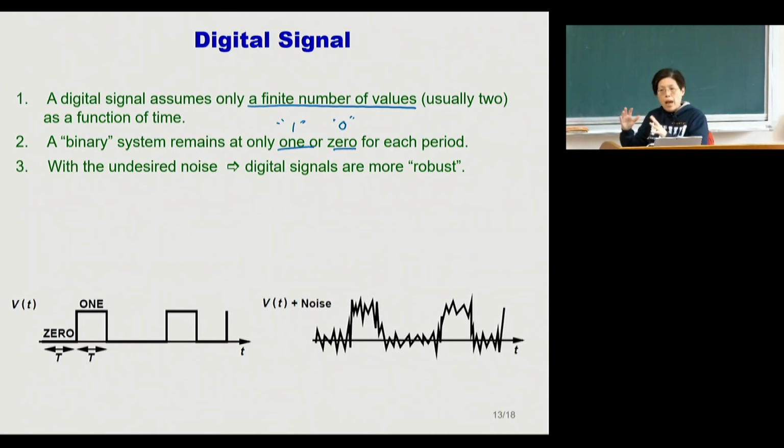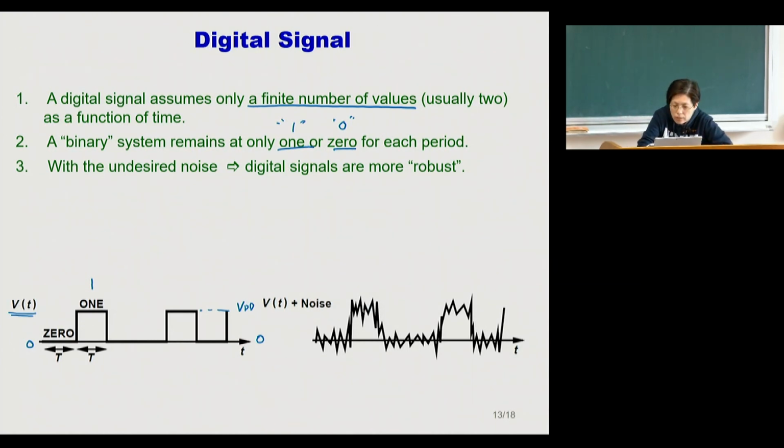So I'm expecting my output should be either 1 or 0. For example, this is the injected signal, which is 0 and 1. In terms of level, it will be 0 and VDD. VDD is the highest level in the system. So if I have a 3-volt system, that will be 0 and 3 volts. I only recognize these 2 levels. If you're shaking within the tolerance of close to 0, I consider it as 0.